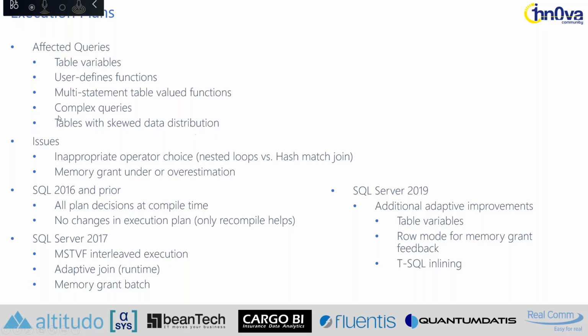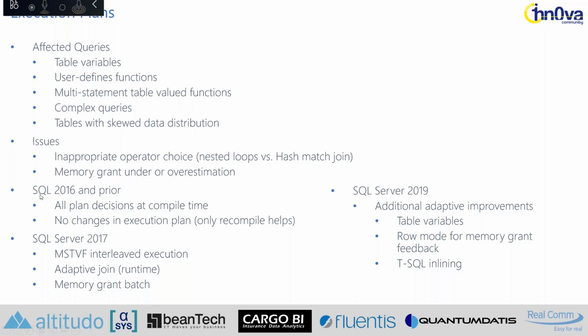For example, if your queries sometimes need hash or nested loops joins and they make an inappropriate operator choice, a feature called adaptive join will help to resolve this problem. Issues like memory grant under or overestimation are also handled in SQL Server 2017 in batch mode and SQL Server 2019 in batch mode and row mode. So this is handled by SQL Server.